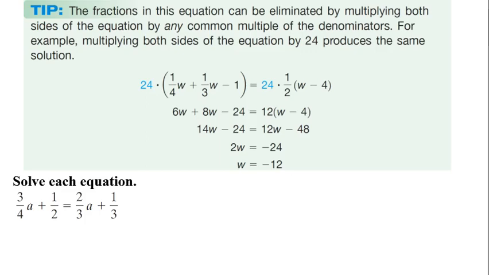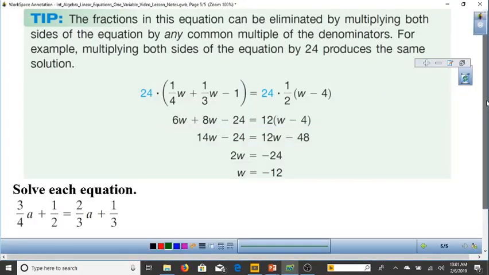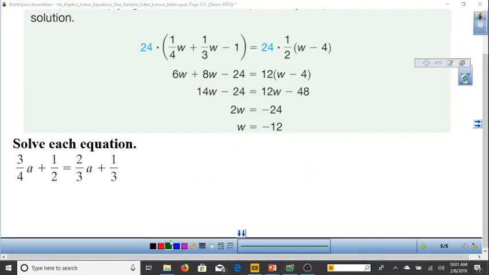And if you multiply by the common denominator, then you can work with whole numbers instead. So the common denominator really means the least common multiple of the denominators. In this case, the least common multiple of the denominators, shorthand written LCD, is a number that 4, 2, and 3 can all go into, and that number, of course, is 12.